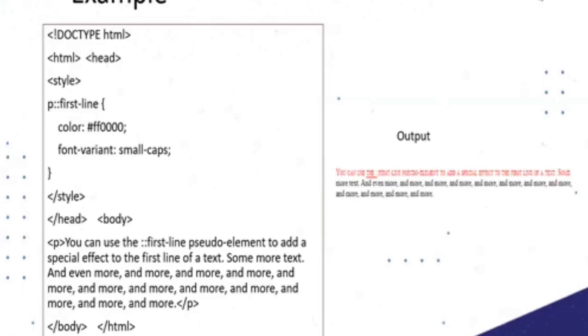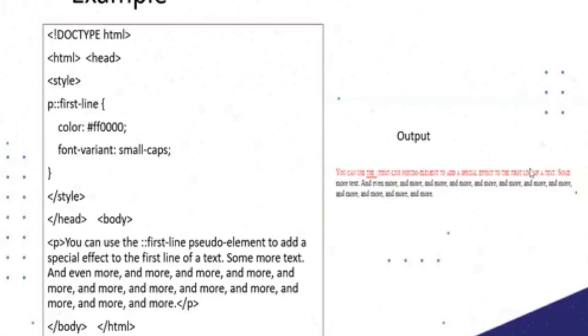But there's a limitation. Normally, you can use the first line pseudo element to add a special effect to the first line of the text. But you can see in the output, the first line is something more. What the browser does is take whatever portion is displayed as the first line on the screen as the first line, not actually the first line.